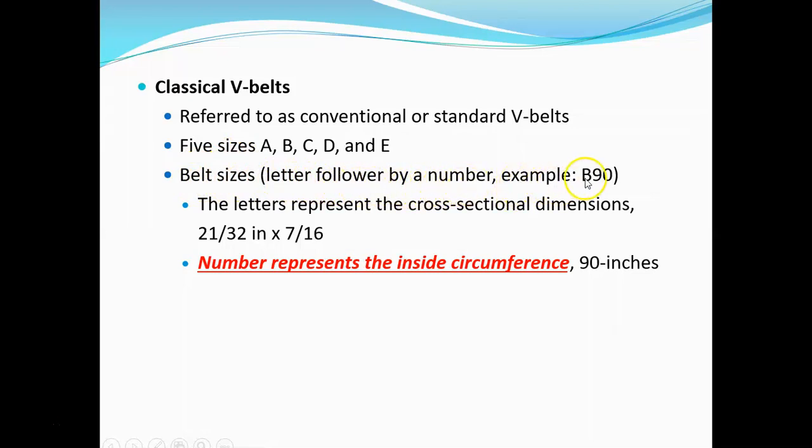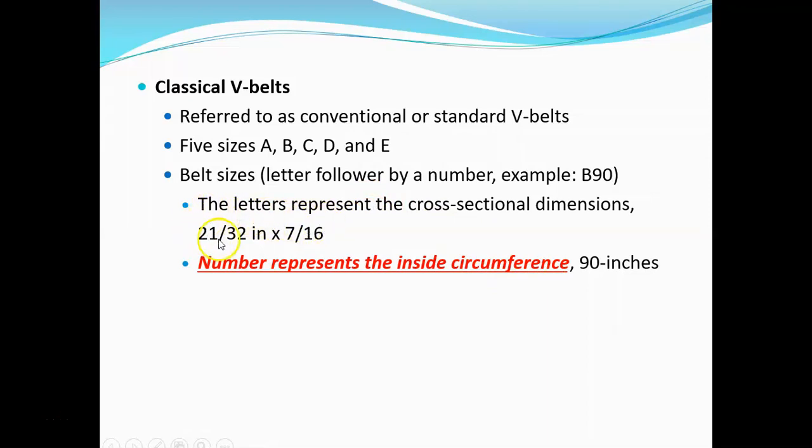So, for example, you've got a cross section size of B, and then the number 90. The 90 represents the inside circumference of that belt. So if you can measure the belt around the inside circumference, it's going to be 90 inches.